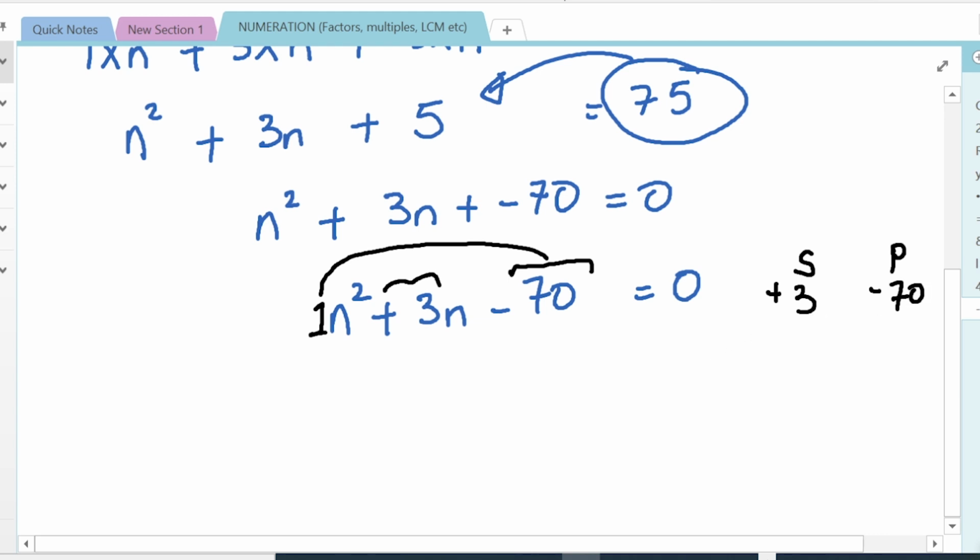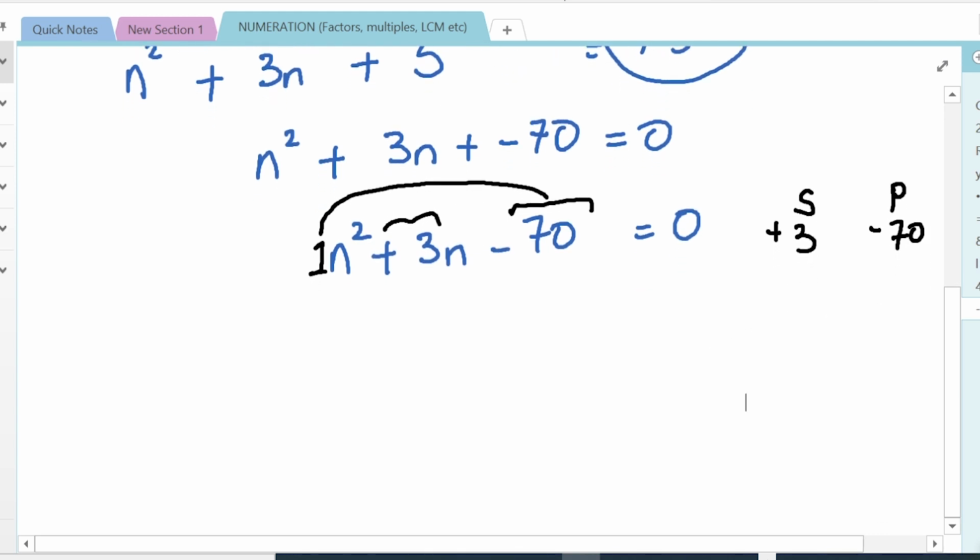So how do we find those two numbers? We find those two numbers by multiplying, the products of 70, of which these ones are going to be, let's find them. We have 2 times 35. 3 doesn't fit in there, 4 doesn't fit in there. We have 5 times 14, 6, then 7 times 10.